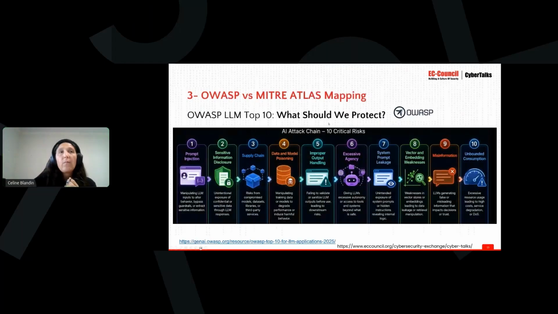So now I will present you 2 frameworks that are really important, I think. The first one is OWASP. Basically, OWASP is checking the vulnerabilities that the attackers are using.